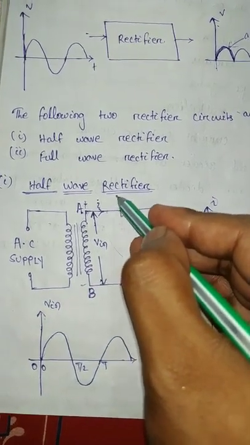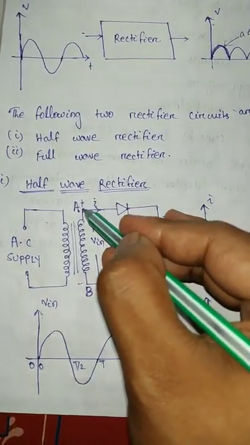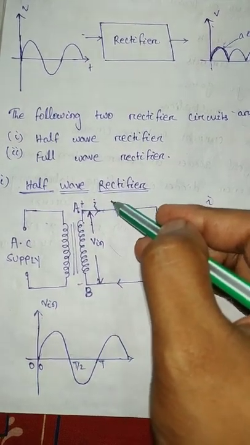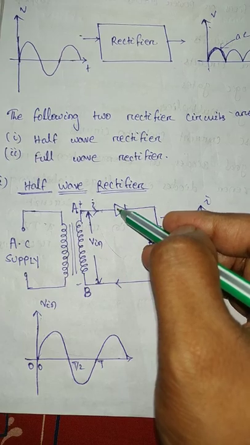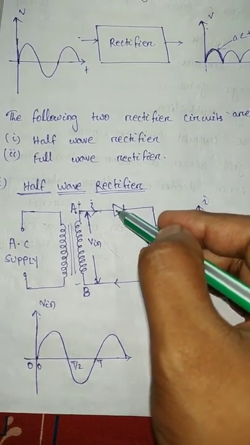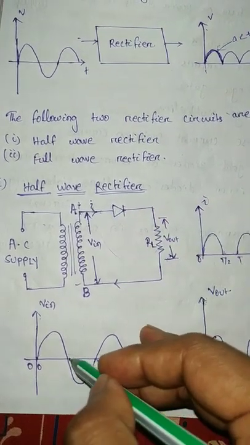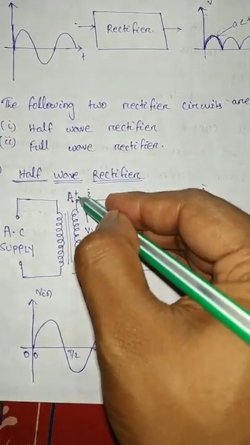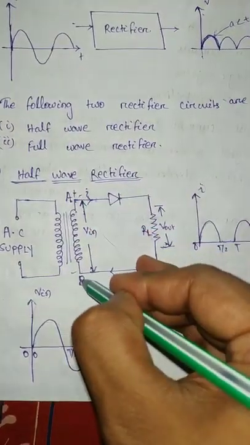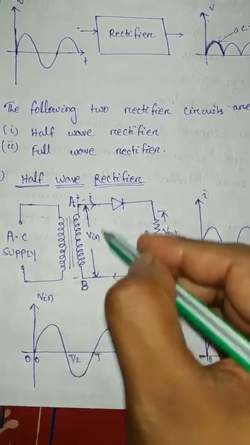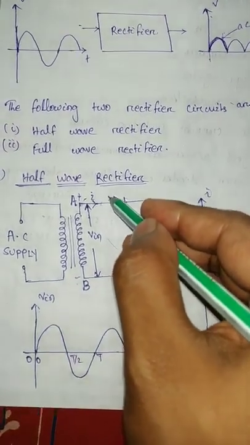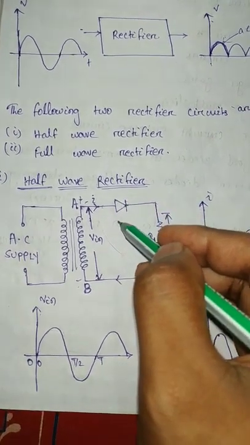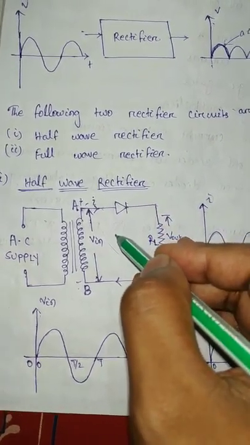This condition makes the p-n junction diode forward biased, and hence it conducts current. During the negative half cycle, T by 2 to T, the end A becomes negative with respect to the other end, so the diode becomes reverse biased and acts as an open switch. Under these conditions it conducts no current.